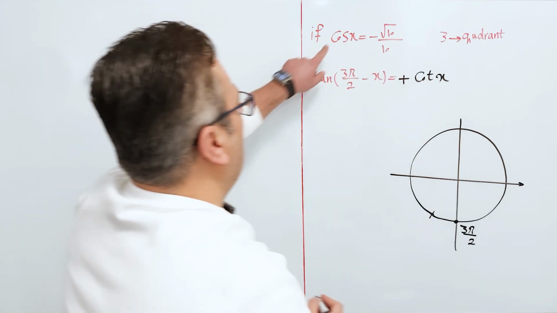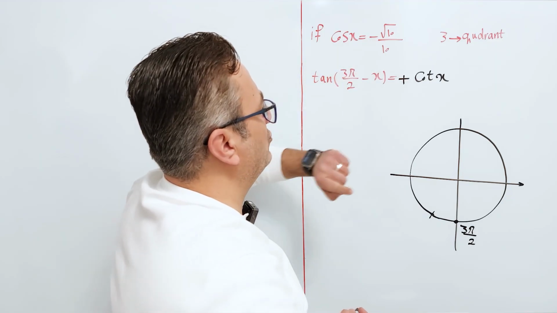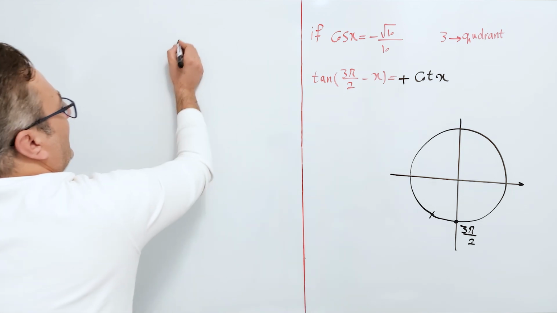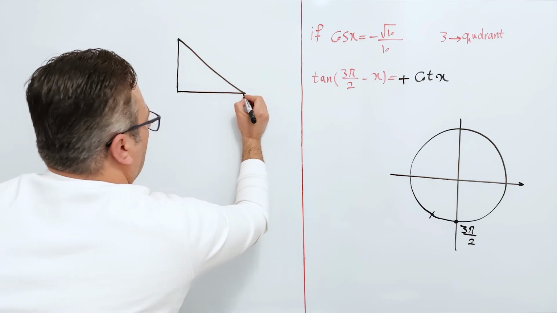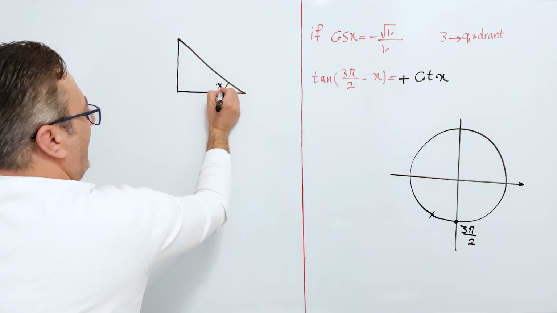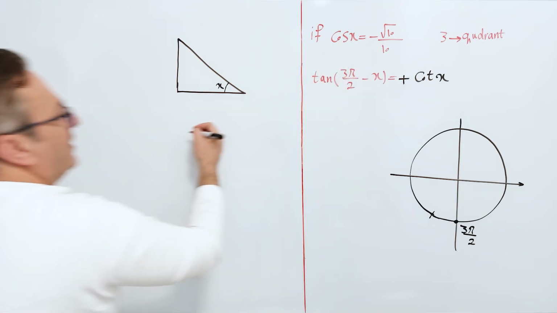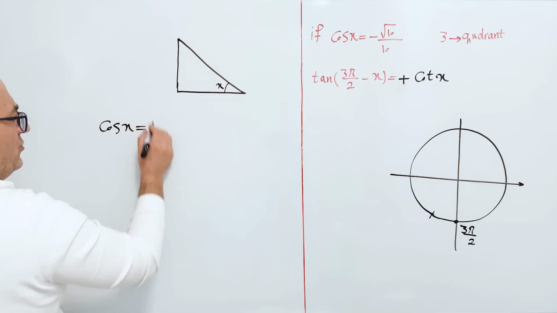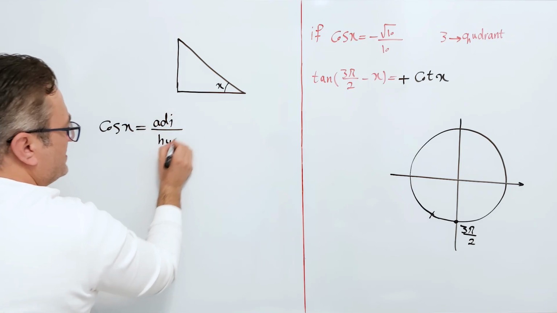Okay, so cosine x is equal to minus the square root of 10 over 10. So take a look at this right triangle, and if we take this angle as x, according to the definition of cosine, cosine x is equal to the adjacent side divided by the hypotenuse.